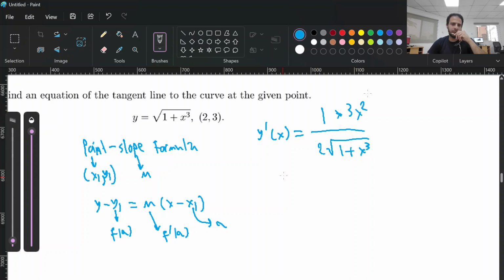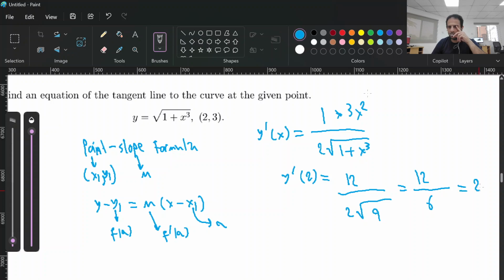Now y prime of 2 equals what? I have to substitute the values. So you have 3 times 4, 12, over 2 times square root of 9. So 12 by 2 times 3, 6, equals 2. That's 2. Now we just substitute in the formula, right? So we have y minus f of 2, y minus 3 is given already.